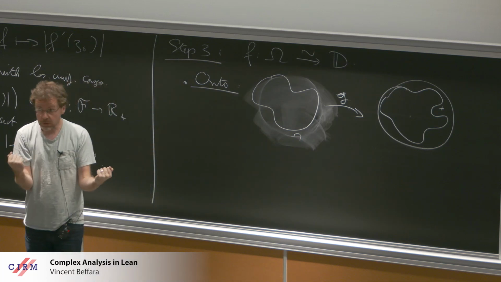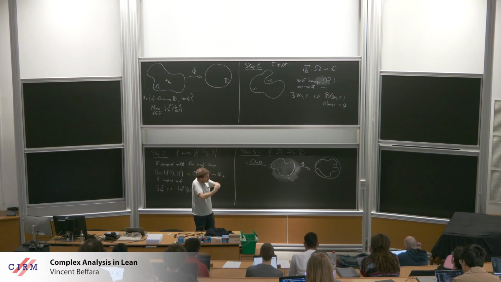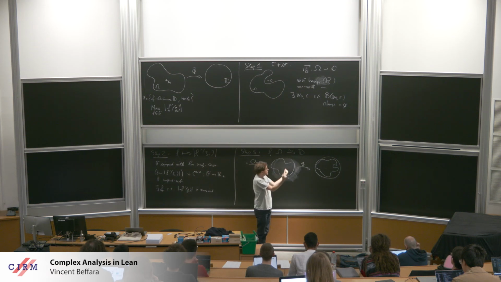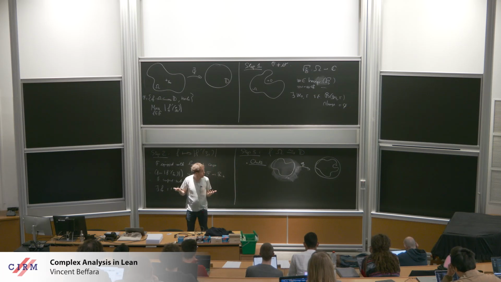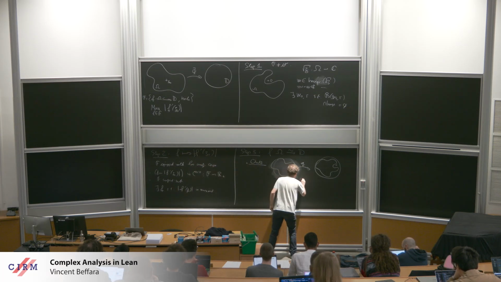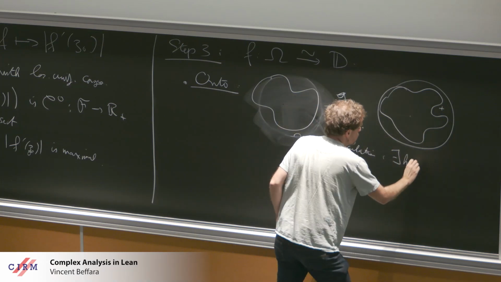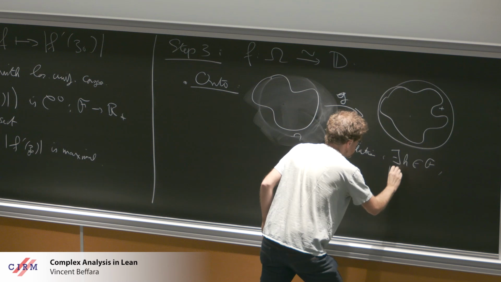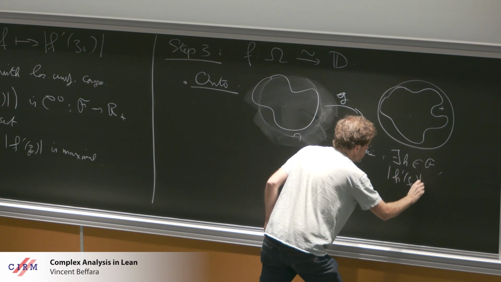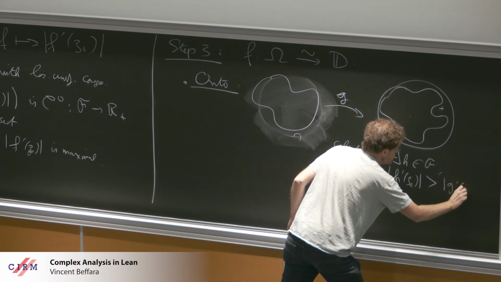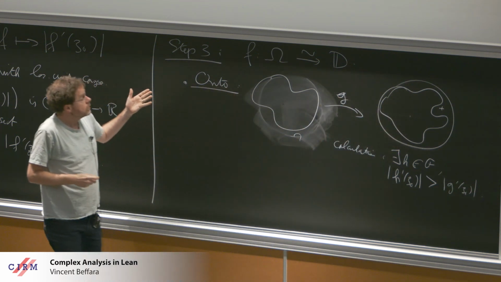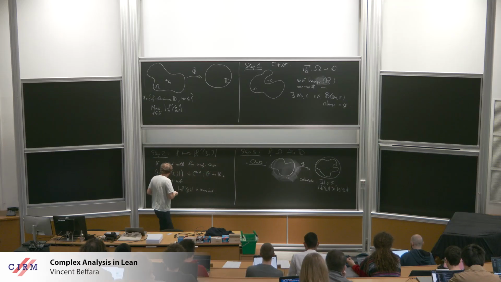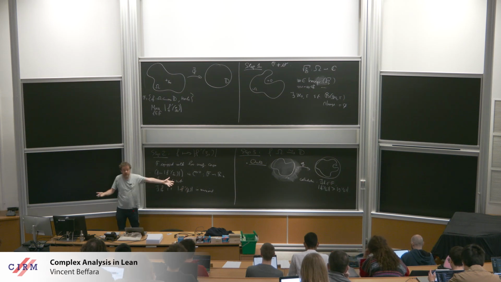Then you apply the square root. And you say that the square root has a big derivative, and you make a calculation, and it proves that once you unfold everything by square root, you get somewhere a derivative that is bigger. So essentially, it's a calculation. There's this h in F such that h prime of z0 is strictly bigger than g prime of z0. So in particular, if you take a function that maximizes the derivative, it has to be onto.